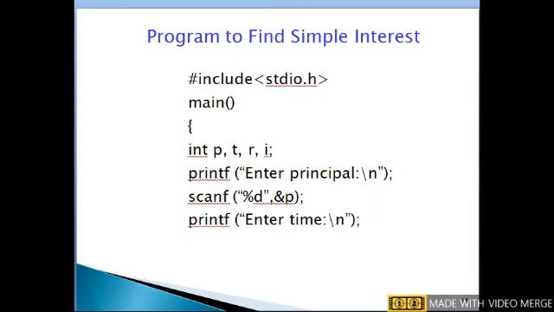Printf enter principal. It prints this on the output screen. The scanf function is the input function. Whenever the user enters the principal amount, that amount is stored in the P variable, using the address of P. Next, printf enter time.